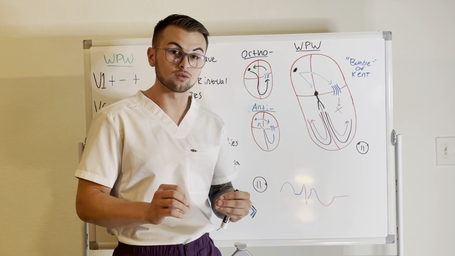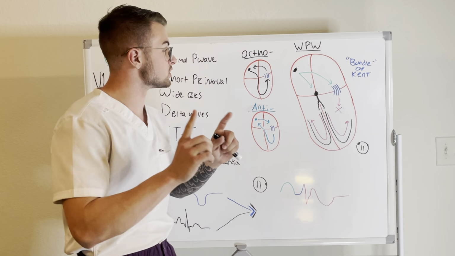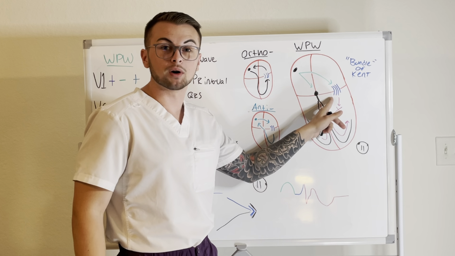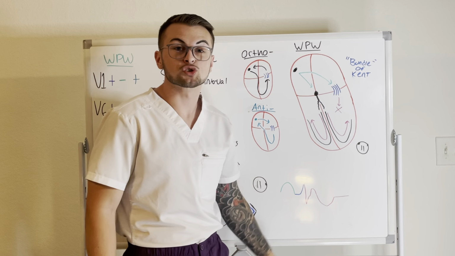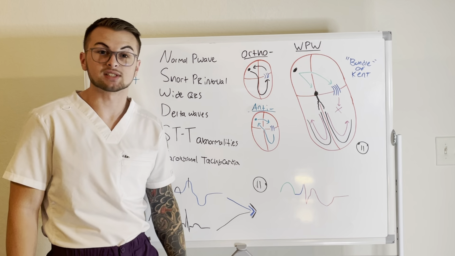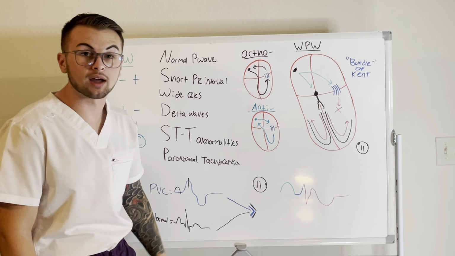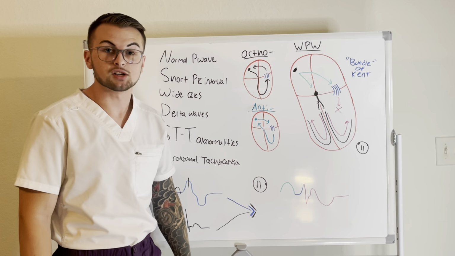So, what have we gone over today? We know that Wolff-Parkinson-White syndrome is associated with an accessory bundle called the bundle of Kent. This alters the normal electrical pathway and can have these following EKG manifestations. We can have a normal P wave, a shortened PR interval due to the excitation shown here.